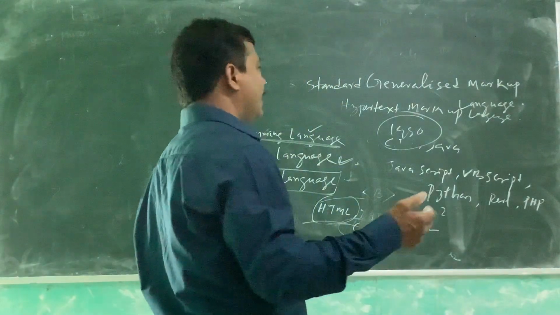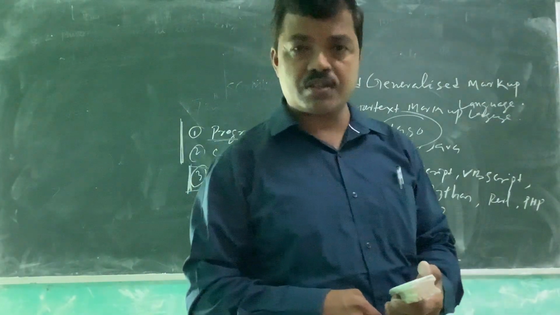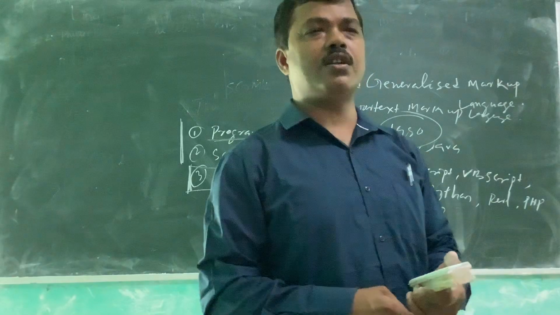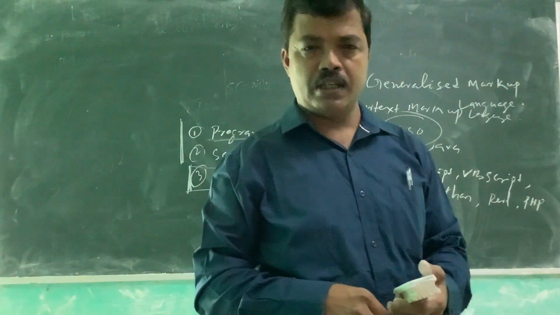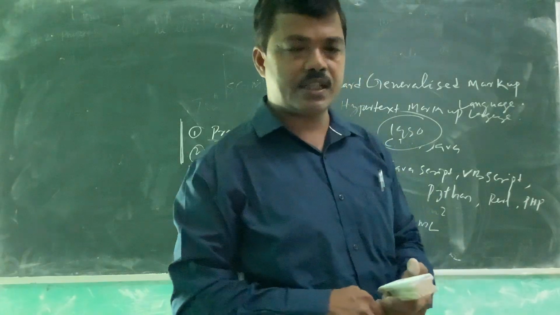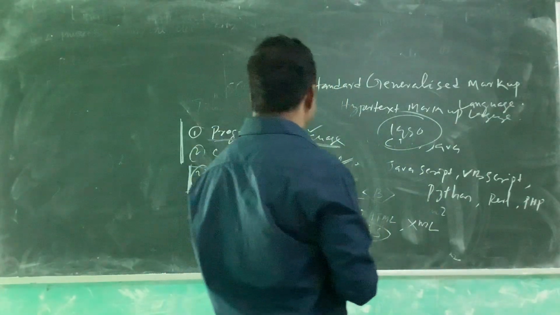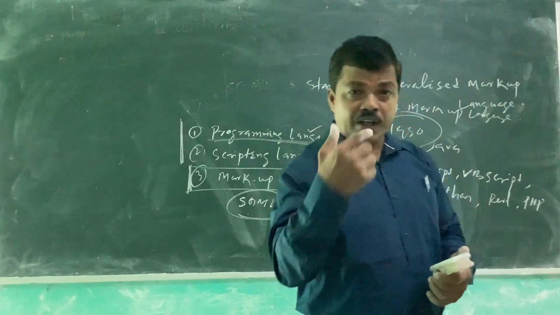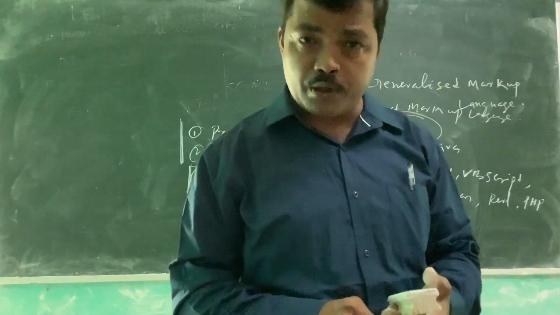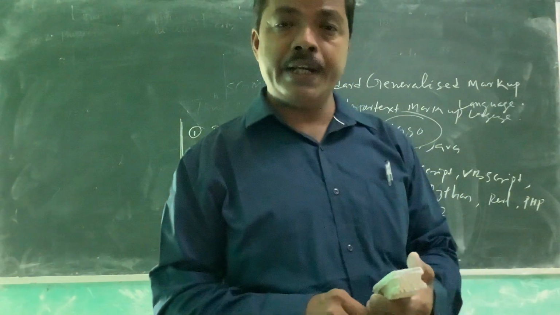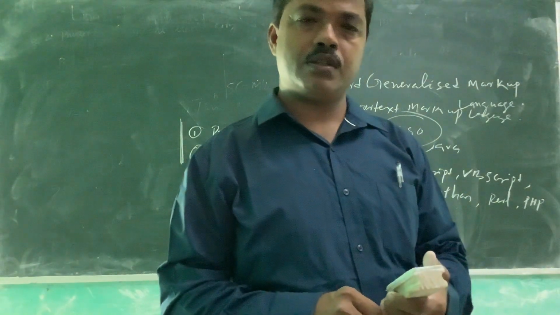All we know, language is a way of communication, or to interact with each other. We need any type of languages, natural languages like English, Hindi, Odia, Sanskrit, like that. Similarly, to interact with web pages, to interact with web servers, we need a markup language.